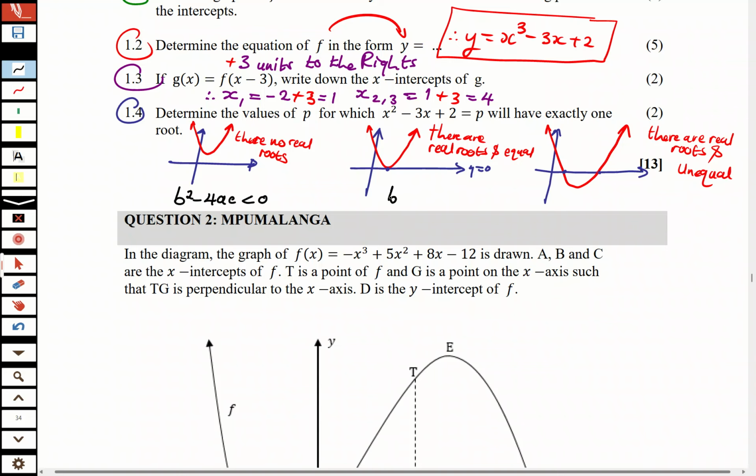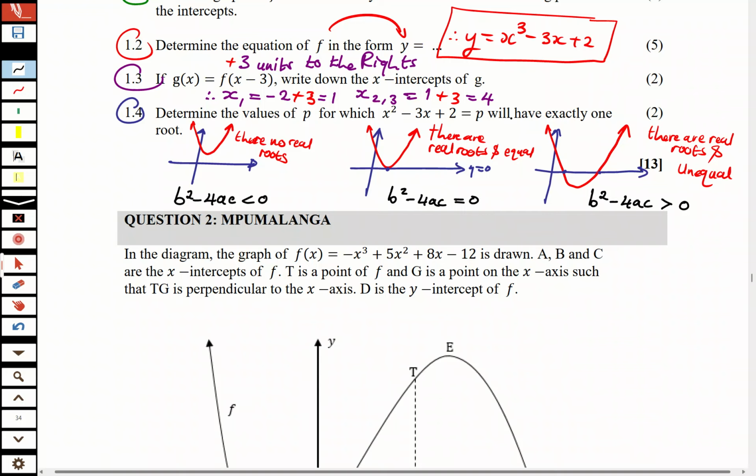Here b squared minus 4ac equals 0, since you have real roots and they are equal. And here, since you have real roots and they are unequal, b squared minus 4ac is greater than 0.